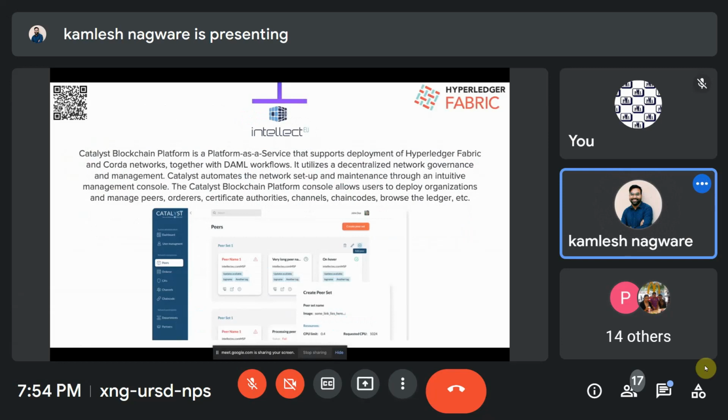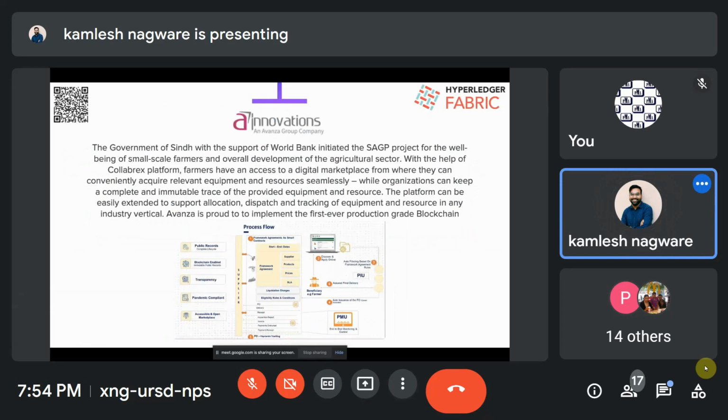This is another use case. It is an automation project, by the Government of Sindh, I think in Pakistan, implemented with the help of the World Bank. It is simply a digital identity project.